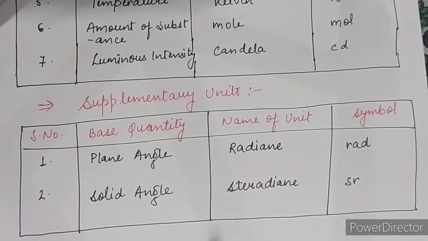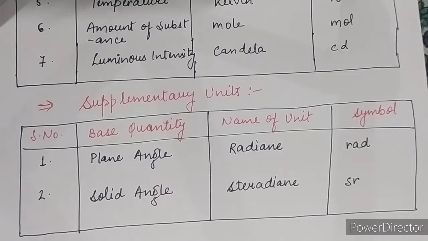Okay, so we are discussing length. First of all, in total we have 9 units, 7 fundamental and 2 supplementary units. You have to remember all these. The 7 fundamental units are: mass, length, time, current, temperature, amount of substance and luminous intensity.